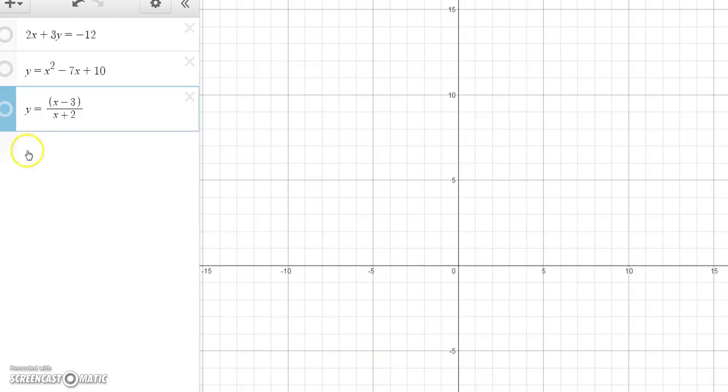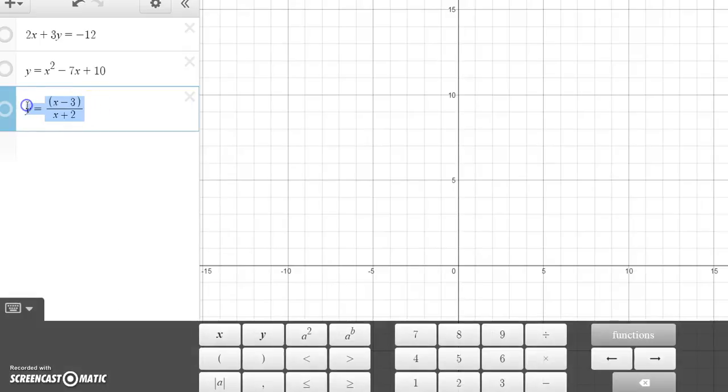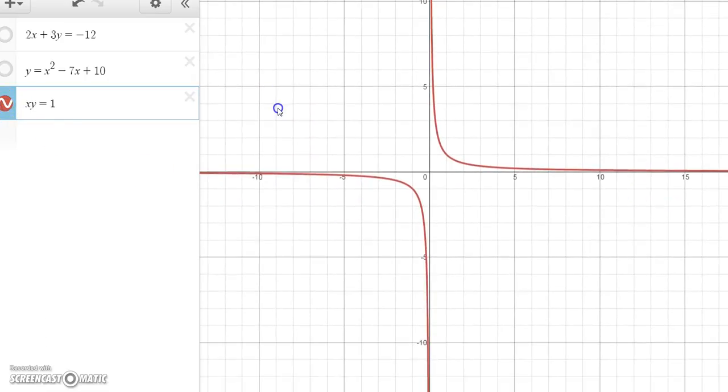So if you want to know what's going on there, let's just go through here and see what happens with the graph. Here you'll see that if you keep going and going, then you're going to get infinitely close to the x-axis, but you're never going to touch it. And up here, the same thing with the y-axis.